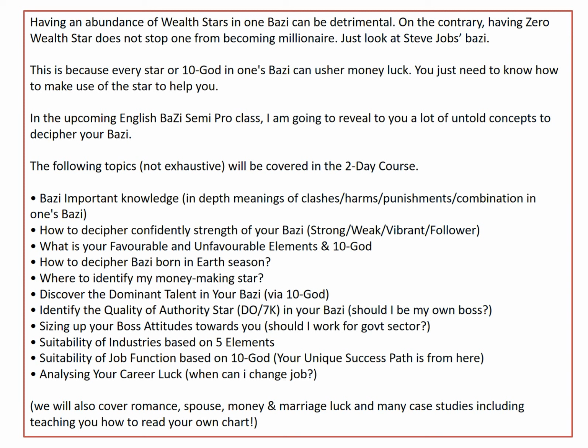For example, the resource star, the output star, the authority star, the 7 killings star, just to use the market term. So find out more about which stars are favorable for you, and whether you can be rich when you go through resource luck, authority luck, or 7 killings luck. Actually, this type of luck makes someone take a quantum leap from zero to hero most of the time.